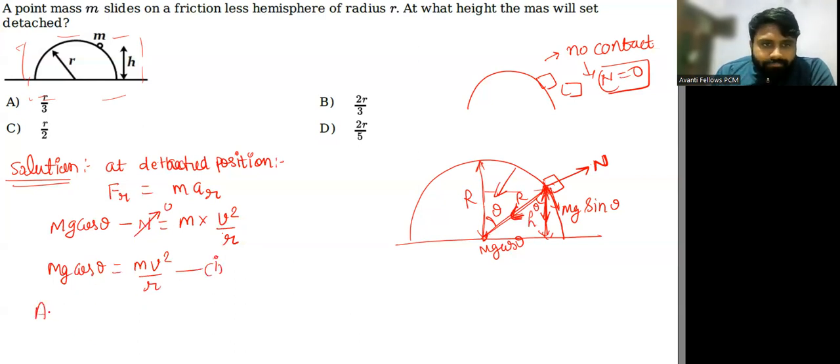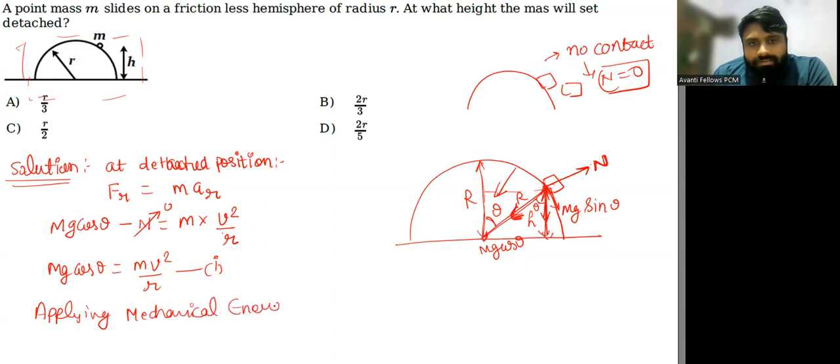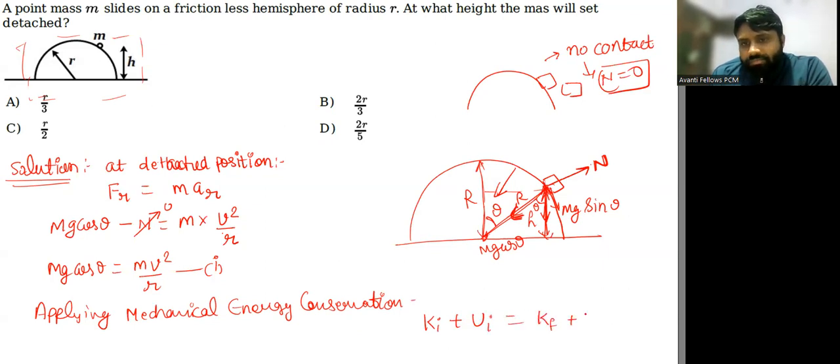Now, applying mechanical energy conservation. It is written as kinetic energy initial plus potential energy initial is equal to kinetic energy final plus potential energy final.